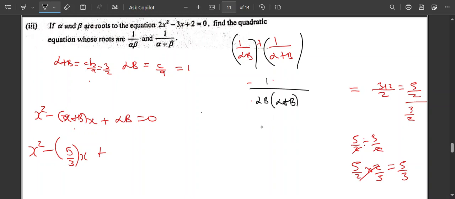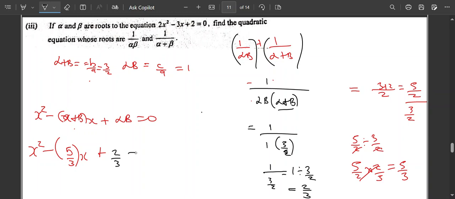Remember we have 1 there on top, then alpha beta is 1, then the addition there, we found that it was 5 over 2 over 3 over 2. So this will be 1 divided by 3 over 2, which will be 2 over 3. So I'll put there 2 over 3, then it's equals to 0.